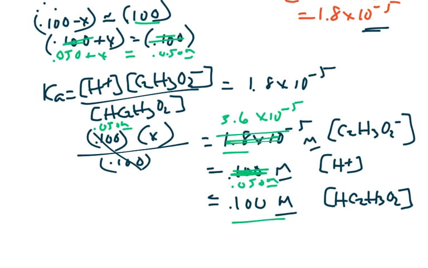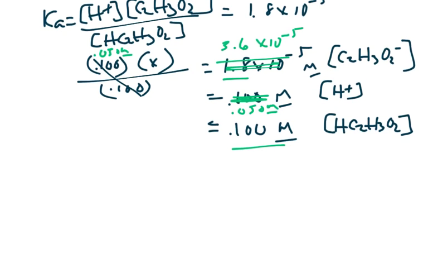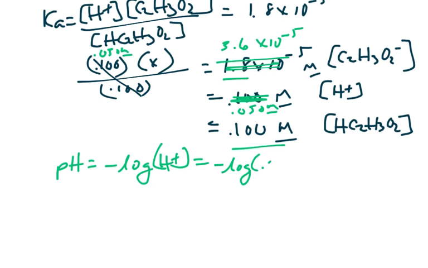If I know my H plus concentration, then I can go ahead and figure out my pH. My pH is the negative log of the H plus concentration. Since that H plus concentration is essentially the strong acid that we added, it's going to be the negative log of 0.0500 molar.